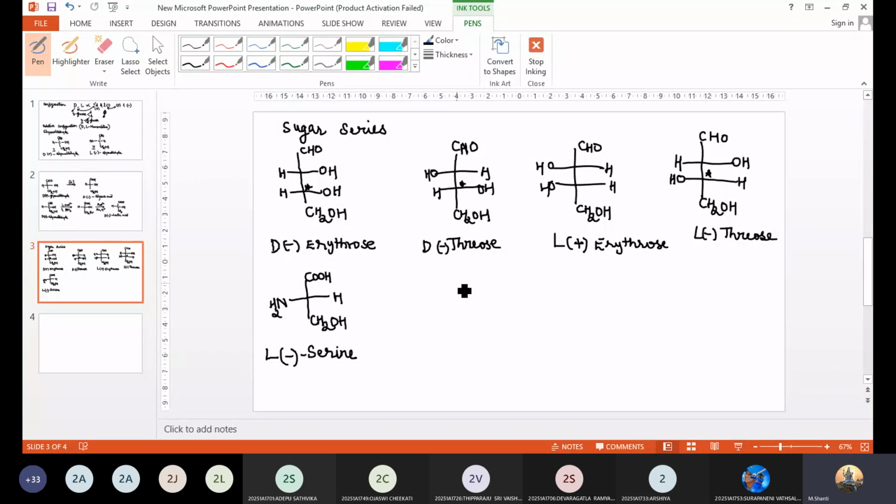Another interesting molecule. I'll see how many of you can answer this. Here, this molecule is called threonine. Okay, so this was an amino acid.